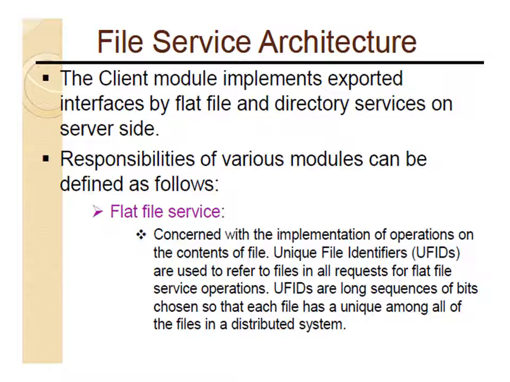So there will be a unique file identifier for each file. The unique file identifiers are long sequences of bits chosen so that each file is unique among all the files in the distributed system. So whatever the number of files in the distributed system, there will be a unique ID for each file.